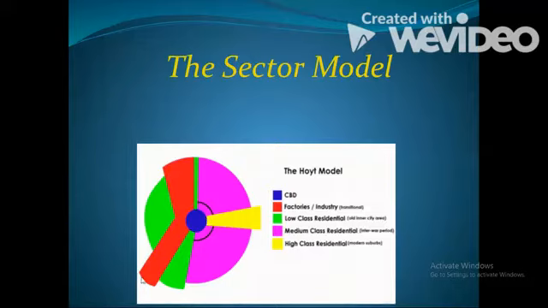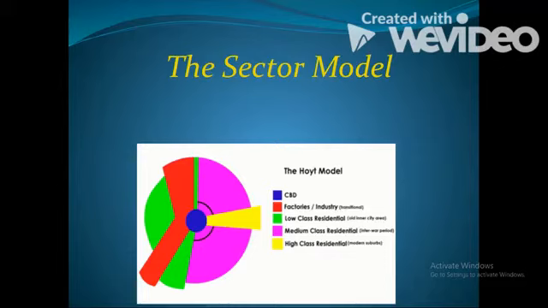So they are developing in the form of wedges or sectors according to various factors, like for example, over here they have transportation or maybe resources. So they are developing in the form of regions, in the form of wedges or sectors, according to their favorable locations.